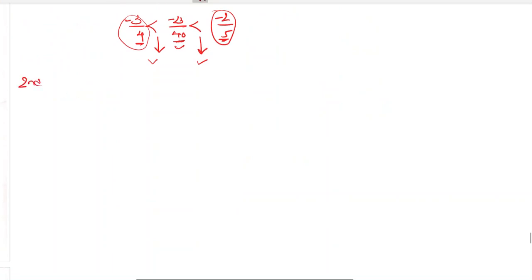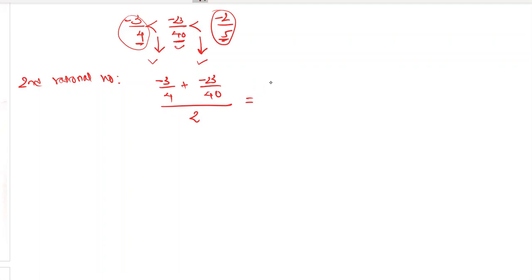So second rational number. Remember the steps. Minus 3 by 4 plus minus 23 by 40, the whole upon 2. Okay, the LCM of 4 and 40 is 40. So I'll multiply 10 in the numerator and denominator of the first fraction.